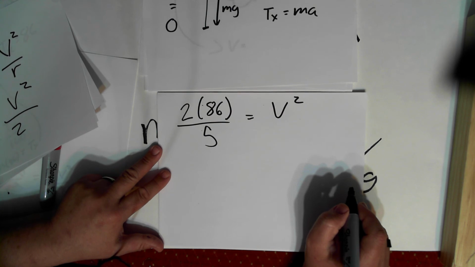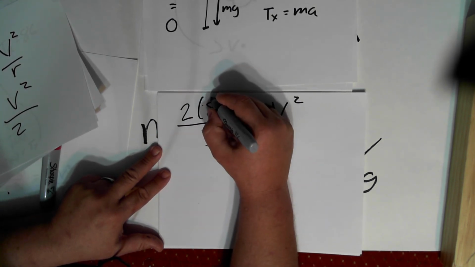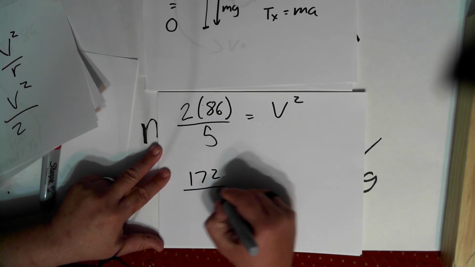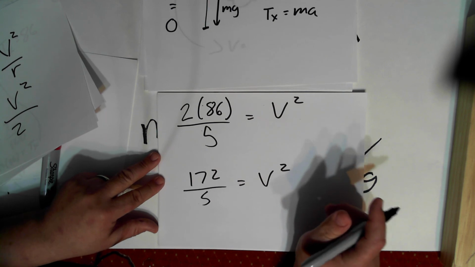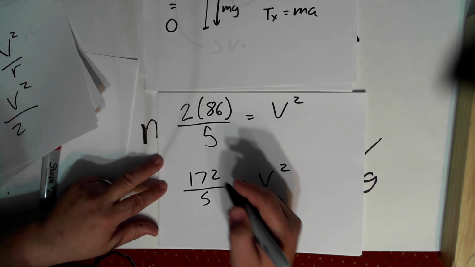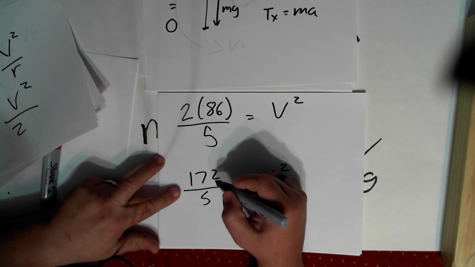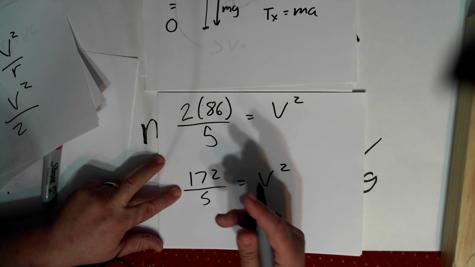So lastly, I'm looking at 2 times 86 over 5 is equal to v squared. I can't do that calculation quite in my head. So I get 172 divided by 5 is equal to v squared. That's about 175, so I'm going to make this simpler on myself.